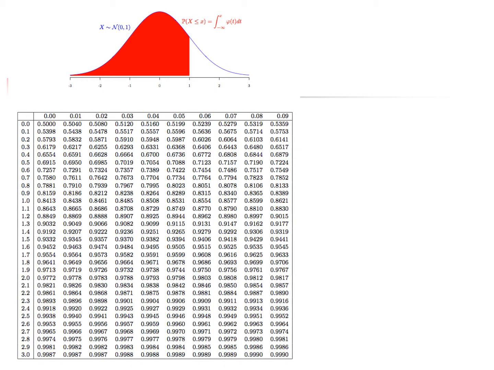So here's the first table, and right before we dive into the table, I want us to take a look at that shape up top. There's that bell-shaped distribution. That's what a normal distribution looks like. So when I say that something follows a standard normal, what am I saying? Well, first off, a normal distribution is always centered at its mean.